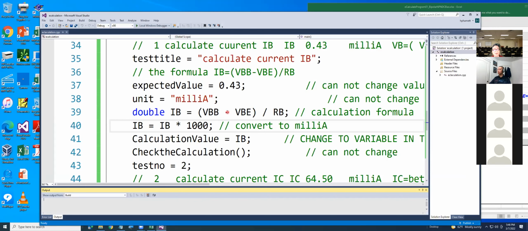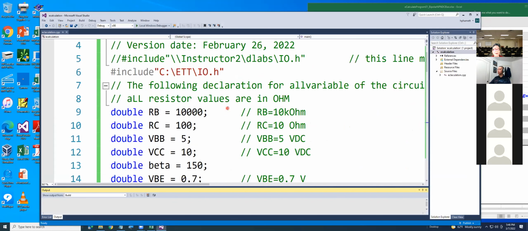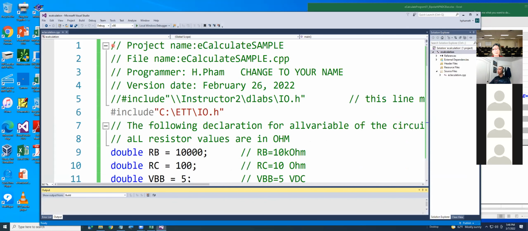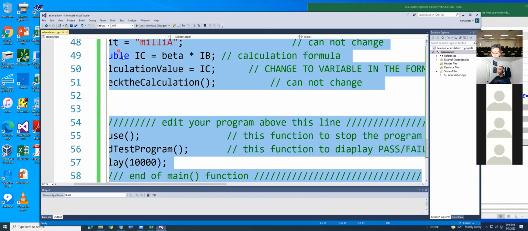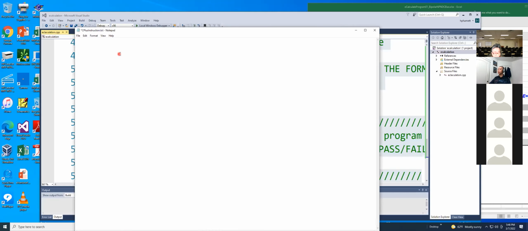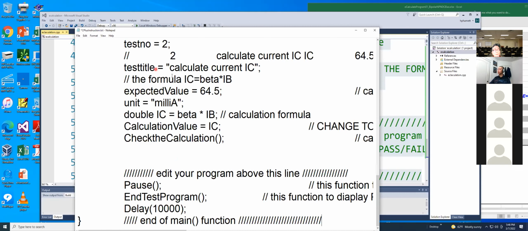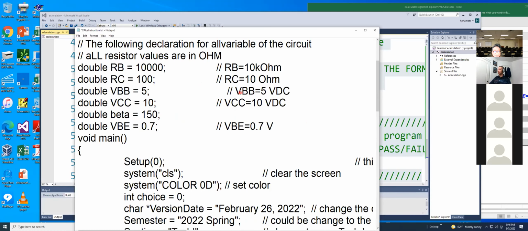If you can't get along with the CPP file, you can copy again: Control A, Control C, open your notepad, and Control V to paste it. Then you can upload this file so we can check it.